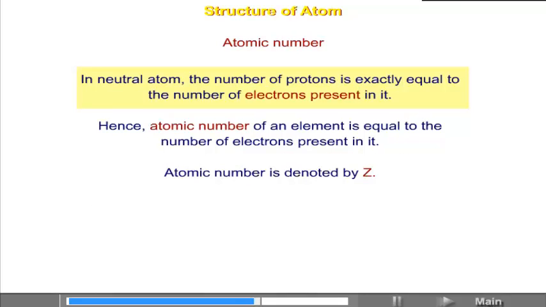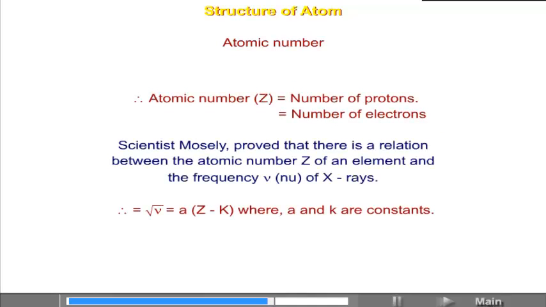In neutral atom, the number of protons is exactly equal to the number of electrons present in it. Hence, atomic number of an element is equal to the number of electrons present in it. Atomic number is denoted by Z. Therefore, atomic number Z is equal to number of protons is equal to number of electrons.